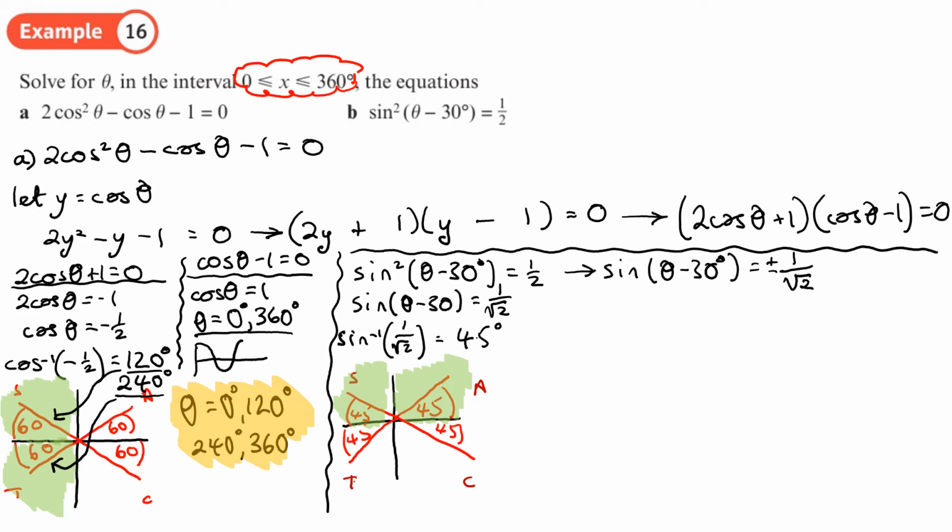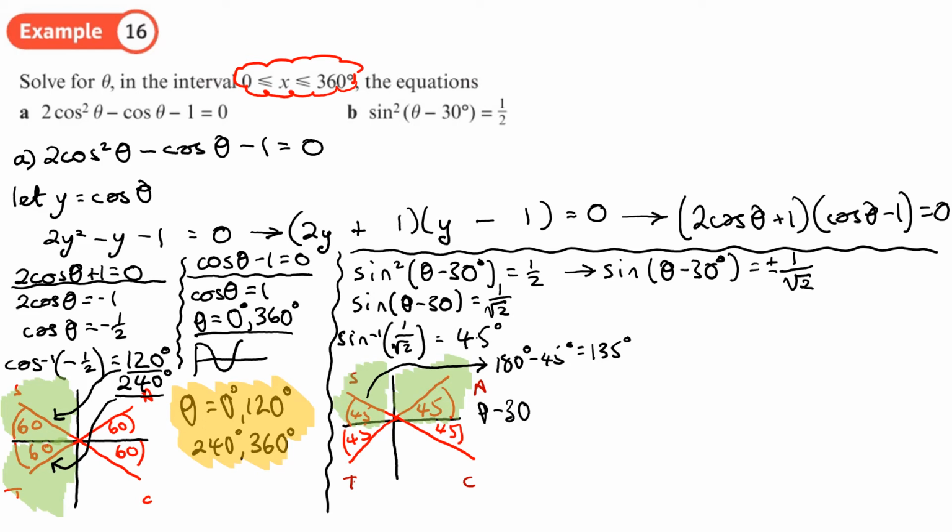So that solution is going to be 180 minus 45, so let's write that down. This will be 135. So this is what theta minus 30 equals.